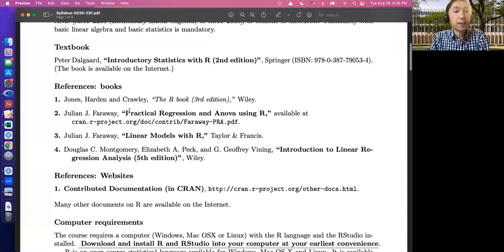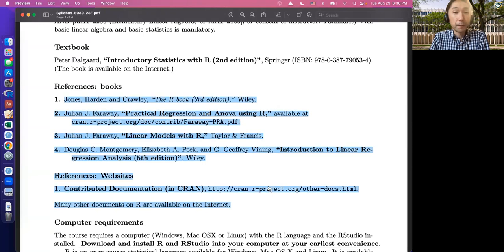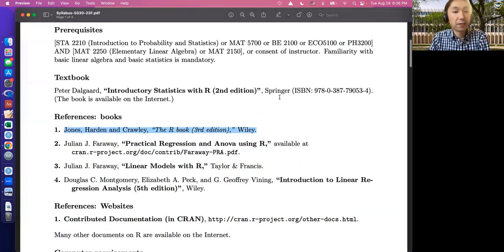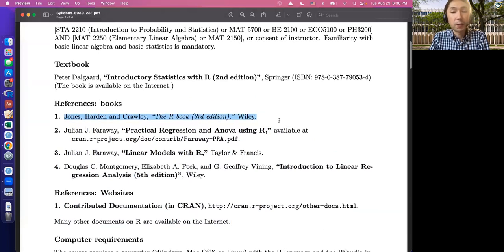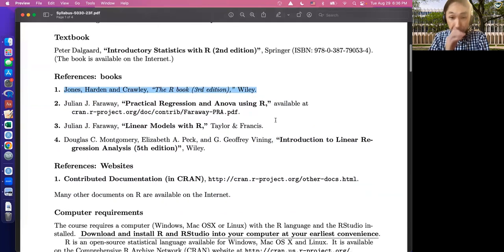There are also some references: several books on how to use R and some on statistical theory. The first book is probably more comprehensive than the textbook, so for self-study this book may be better. It's a heavier book, and the third edition became available last year.